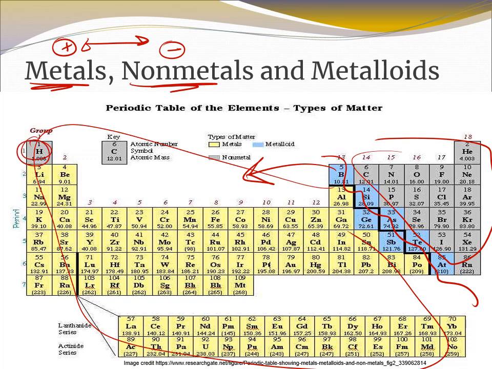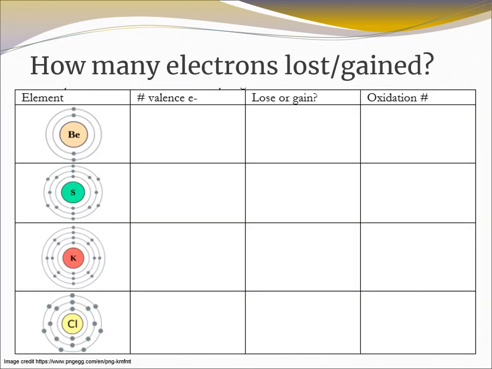He's over there. There are fewer of these, but we still put them into lots and lots of compounds. Then we have our metalloids here in the middle. Metalloids are cool because sometimes they can act like metals and sometimes they can act like non-metals. So we just have to be careful what kind of compound we're looking at to figure out if these metalloids are acting like metals or non-metals.